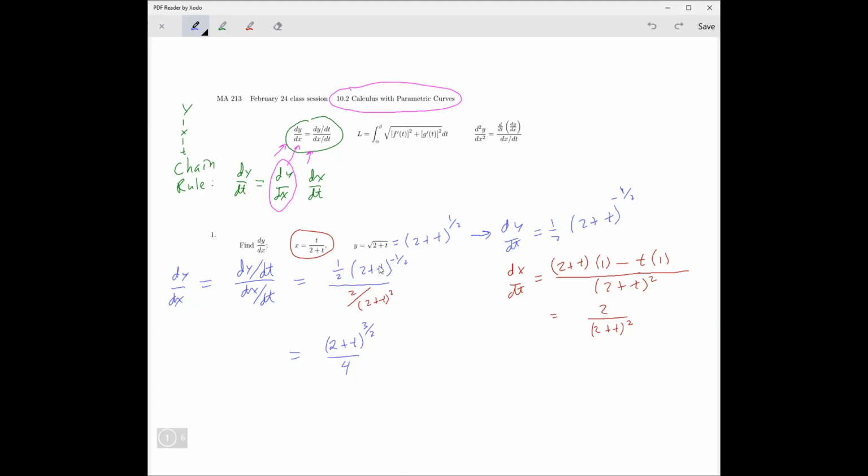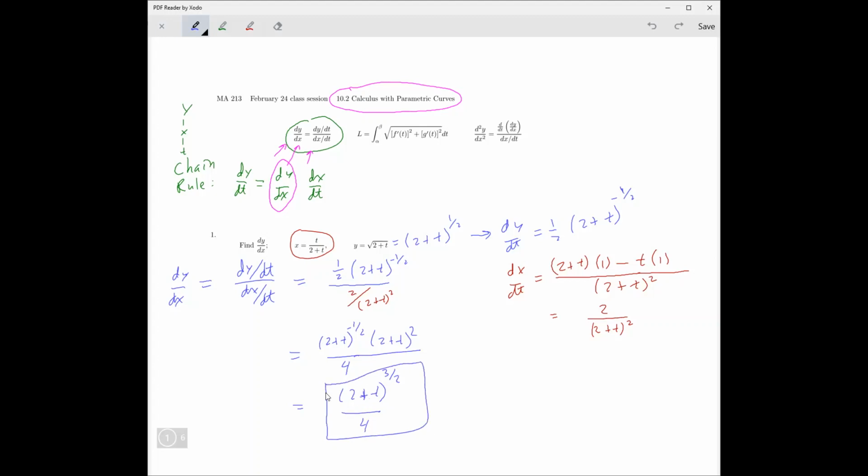Maybe I should do more steps, so as to not be confusing. Okay, so this 2 goes down and joins with that 2, and we become 4. So we still have this 2 plus t to the negative 1/2, and then this one goes up to the top. And then negative 1/2 moving up gives 2 minus 1/2, which is 3/2, so it's 2 plus t to 3/2 all over 4. Okay, and that should be the answer.